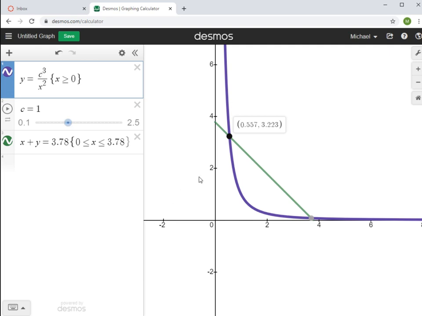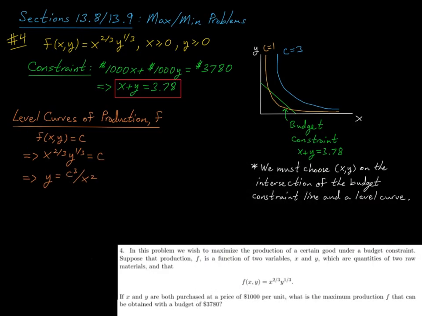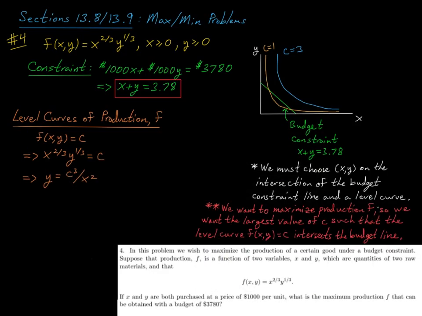Okay, now, what do I ultimately want to do? I want to maximize production. So in other words, I want to find the largest value of c, because c here is our production level, such that the level curve F(x, y) equal to c still intersects this budget line.